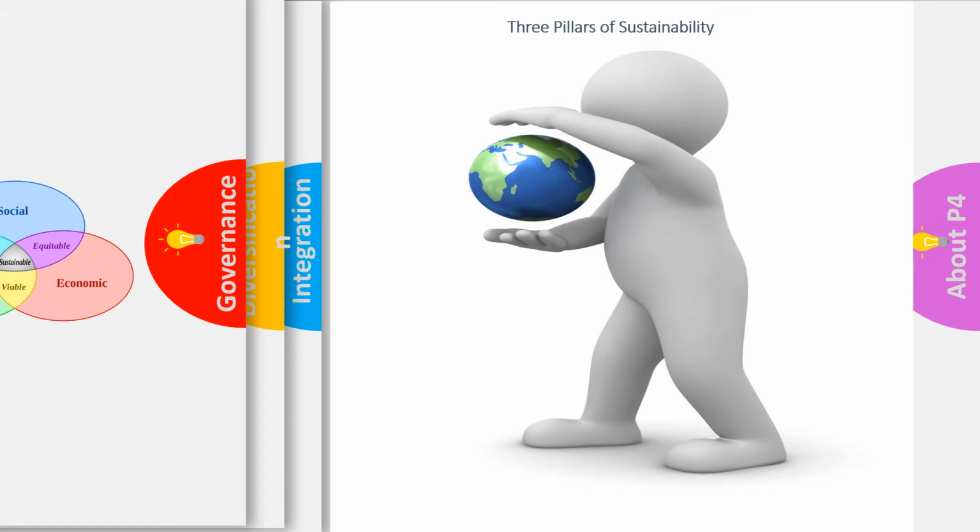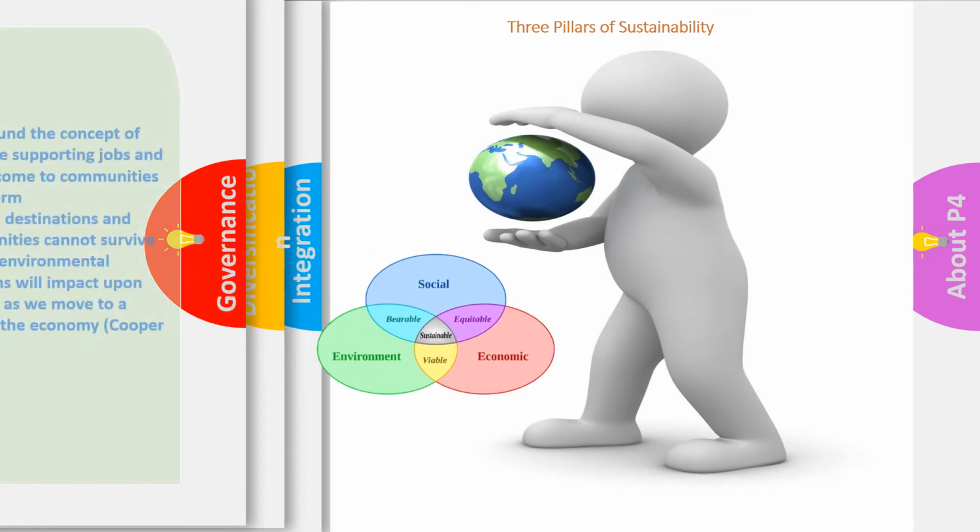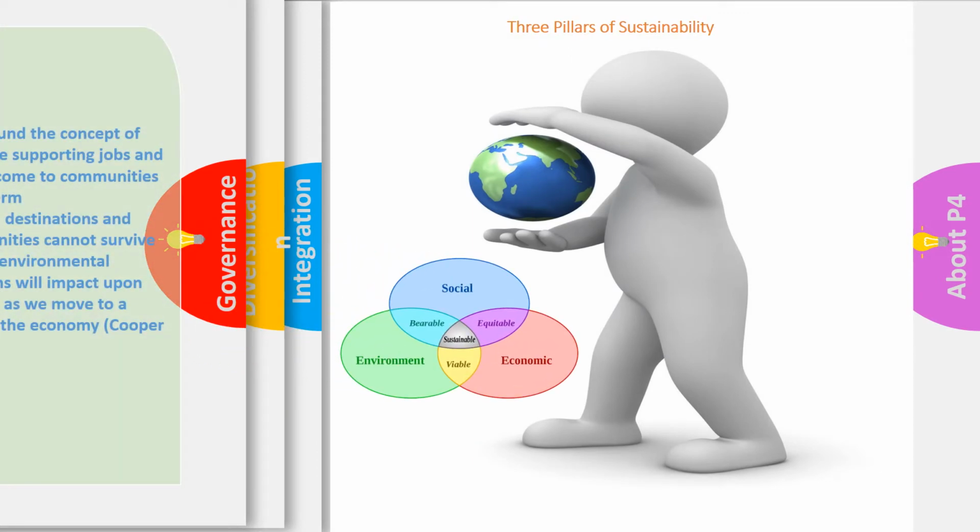So let's look at the three pillars of sustainability, which we link to tourism, which are the social, the environmental, and the economic side. Kind of what we've touched on already. Because mass tourism to any one location will have its impact, and the question is, is it sustainable? Is it long lasting?